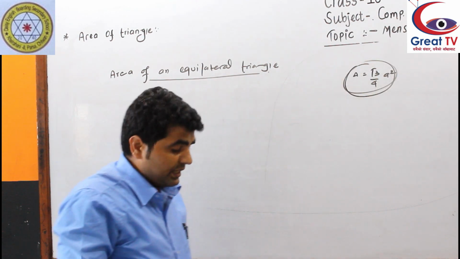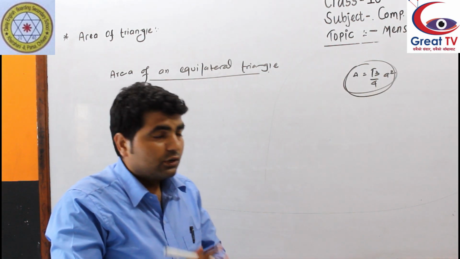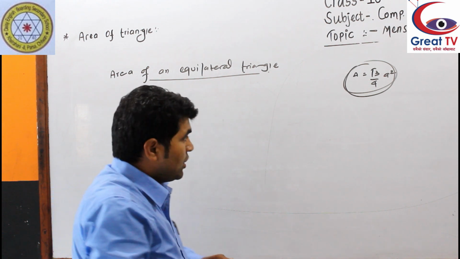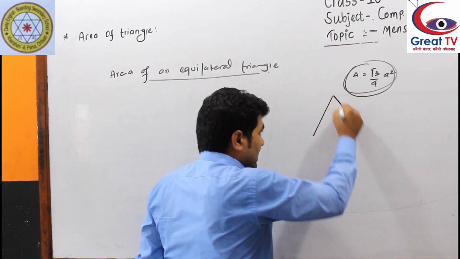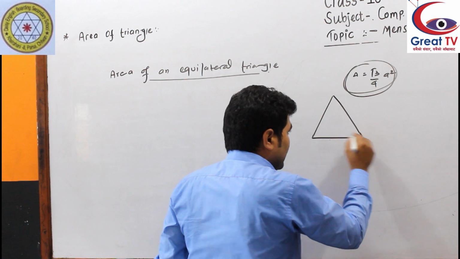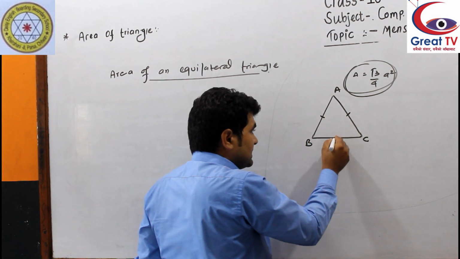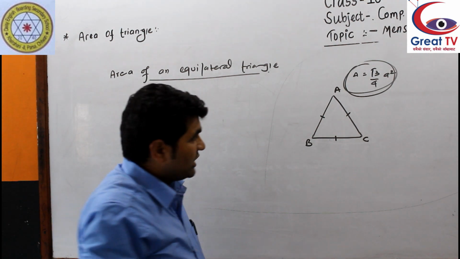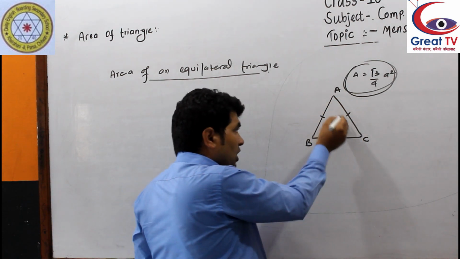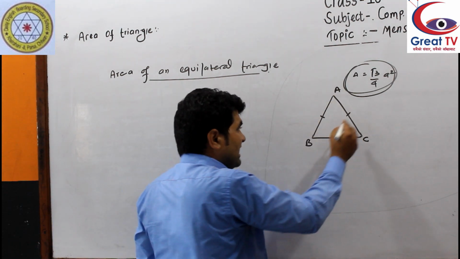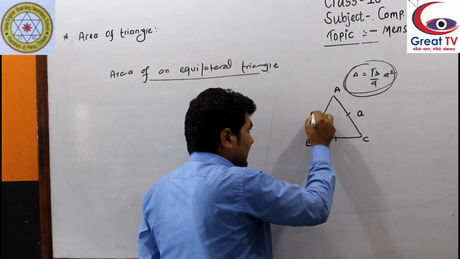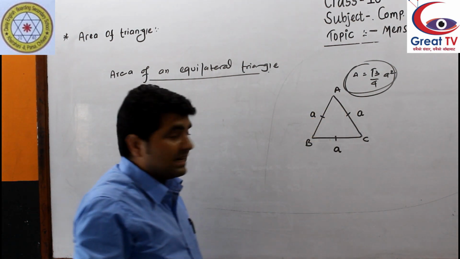Yes, we know the area of a triangle equals 1 by 2 base into height. I have a triangle ABC in which all sides are equal. We can let the unknown side of this triangle be a, because all sides are equal.